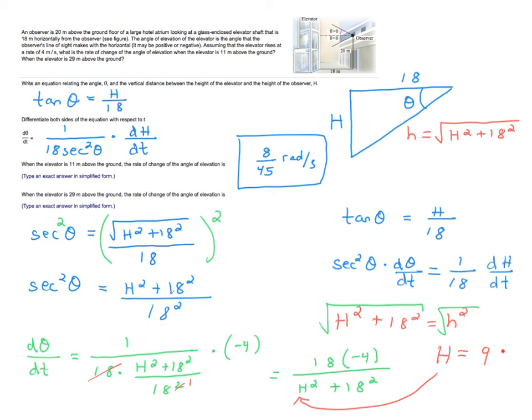That might not be true for every problem that you encounter here, but because it is the same for mine, the angle of elevation is changing at the same rate in this part. So that is also 8 over 45 radians per second. You just want to make sure that, for these parts, you're choosing the correct value for h.